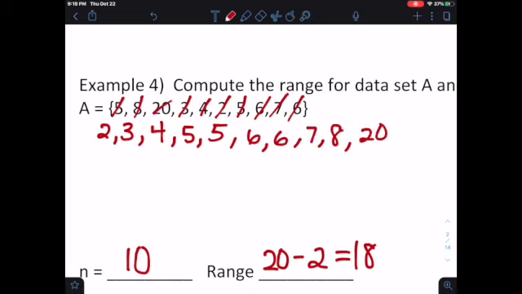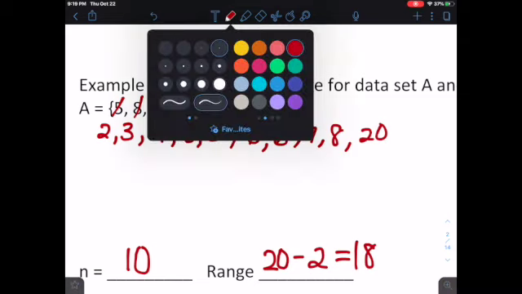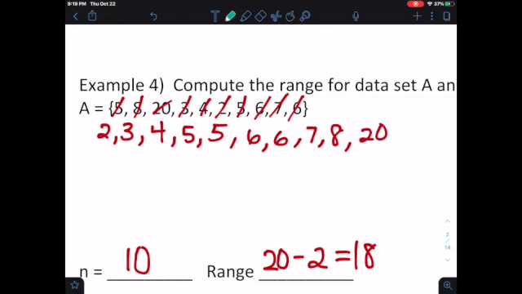The middle is right in between 5 on one side and 5 on the other side. But because we have an even number, remember, we have to add the 5 and 6 and divide by 2.